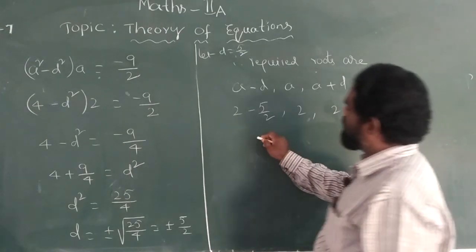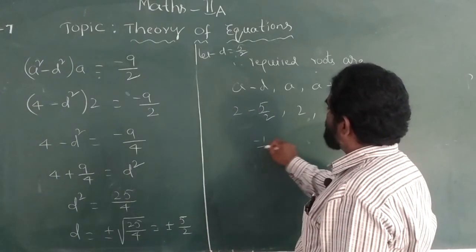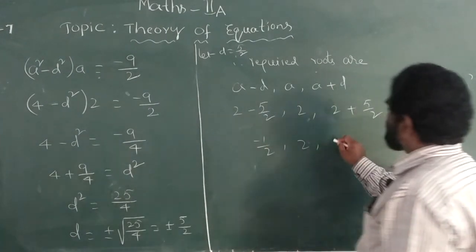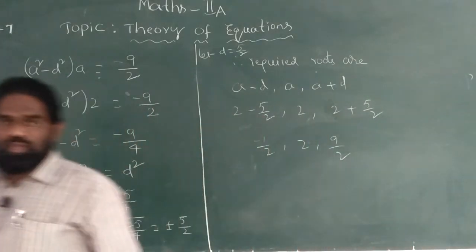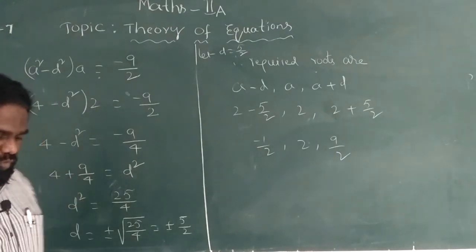What will come here? Minus 1 by 2, 2, 9 by 2. These are our required roots. Remaining we should do in the next class.